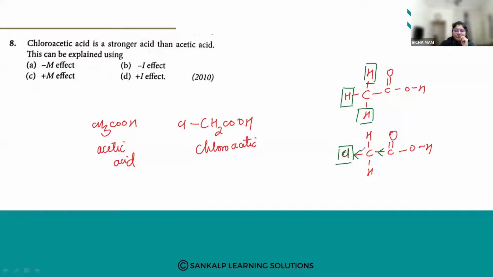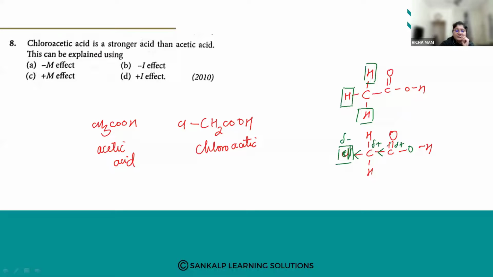So there will be a partial negative charge, and this carbon will have a partial positive charge. Like this, the charge is transferred to chlorine.